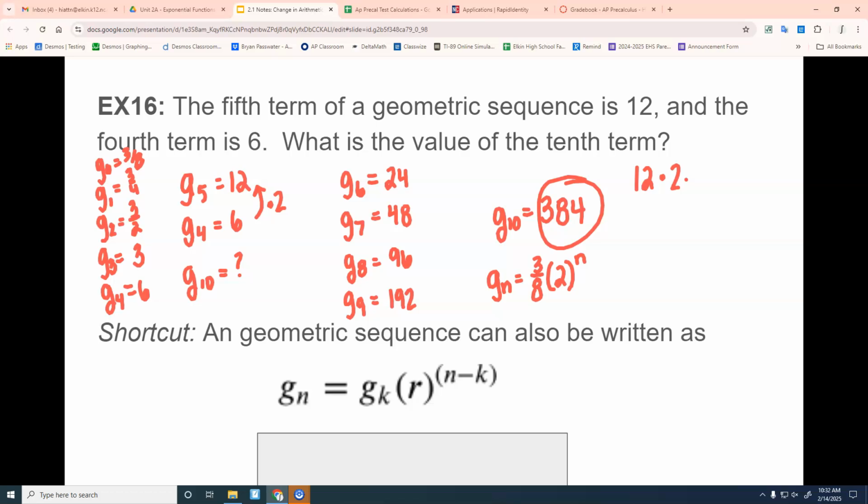That gives me my 24, right? And I take that and I multiply it by 2 to get the 48. And then I multiply that by 2 to get the 96. And I multiply that by 2 to get the 192. And then I multiply by 2 one more time to get the 384. Which could be written like this. 12 times 2 to the 5th.